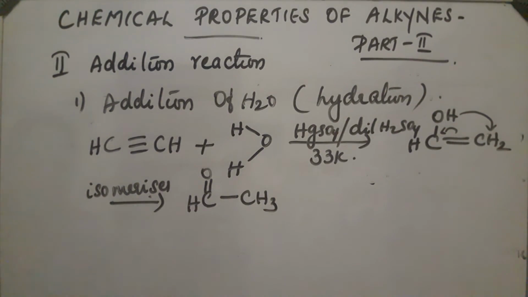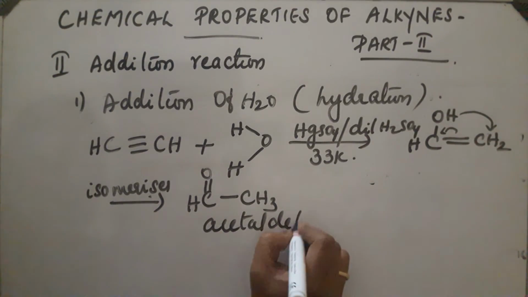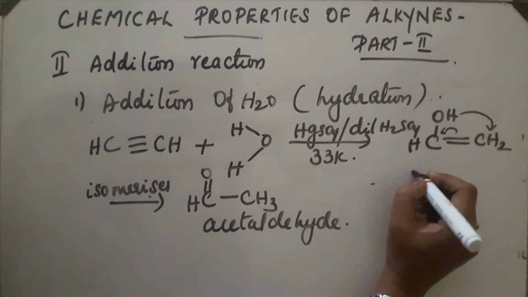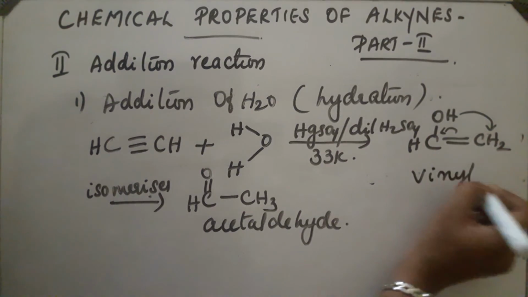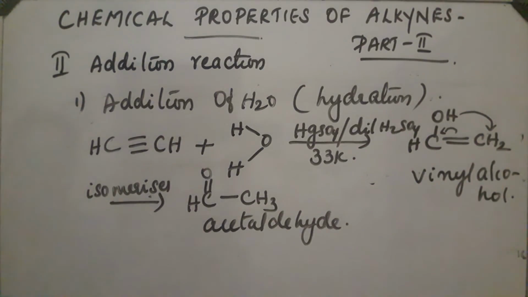Okay, this will be the product. This is an aldehyde. Okay, acetaldehyde will be obtained in the case of acetylene. This is vinyl alcohol. Okay, vinyl alcohol is isomerized.